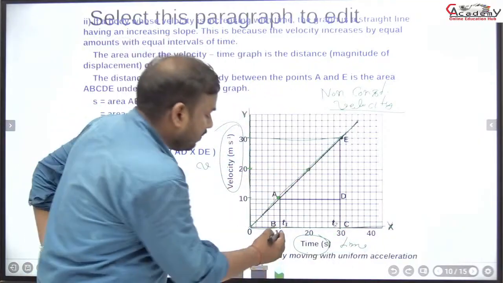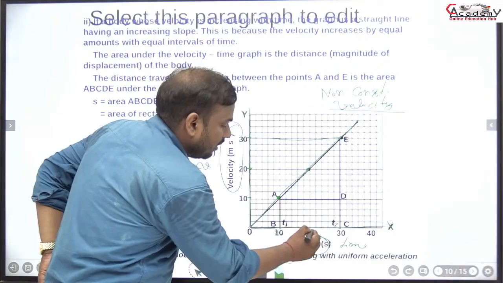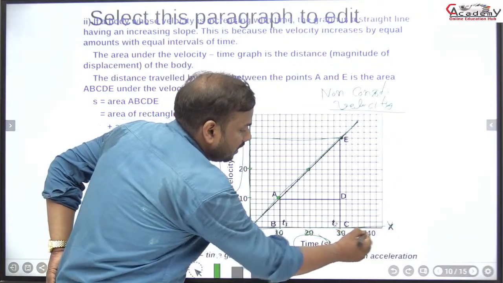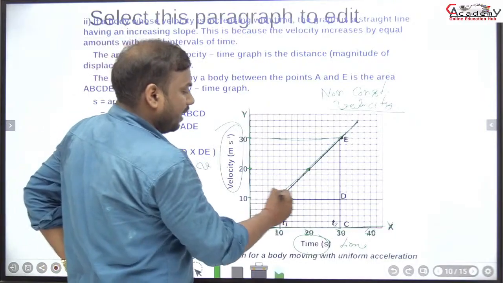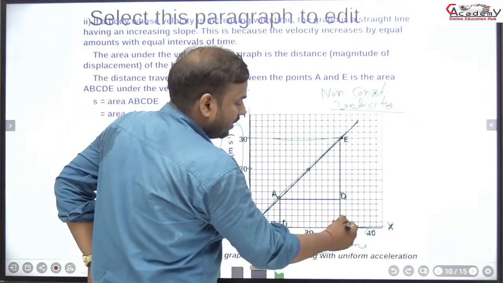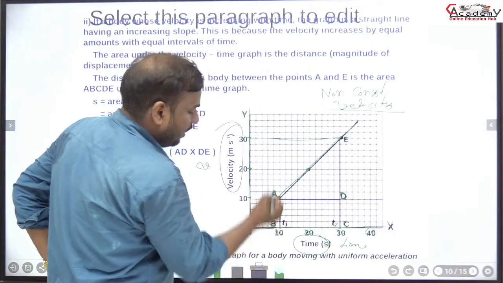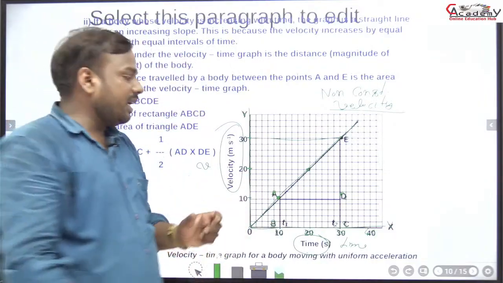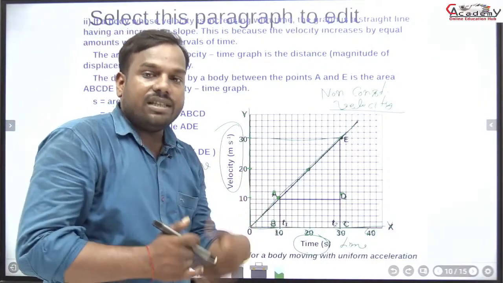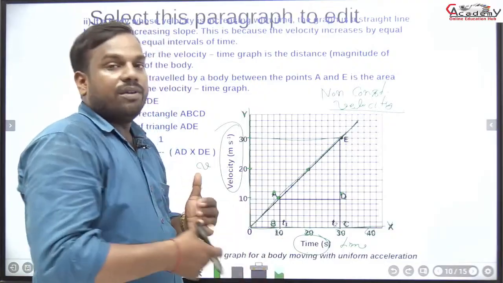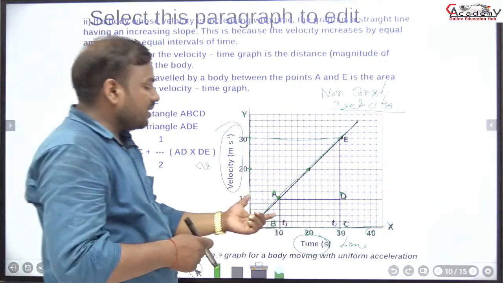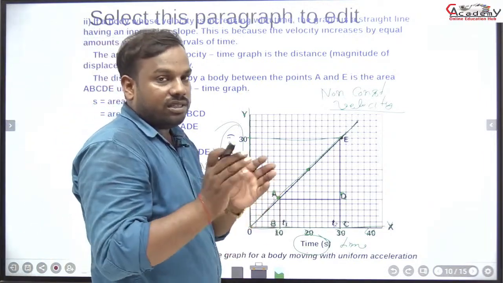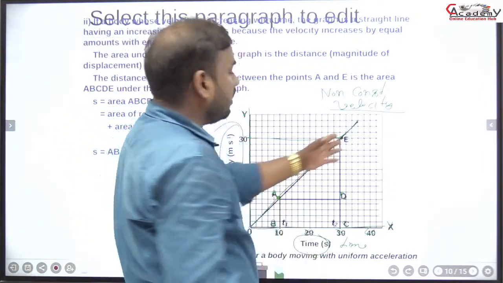When an object changes its velocity at a constant rate, we get a straight line.